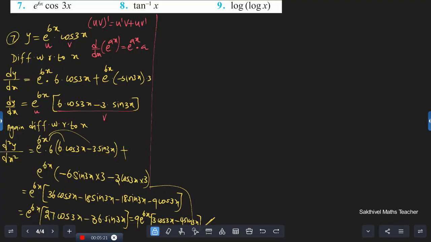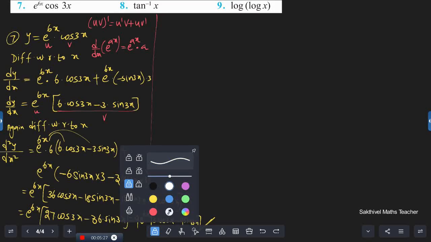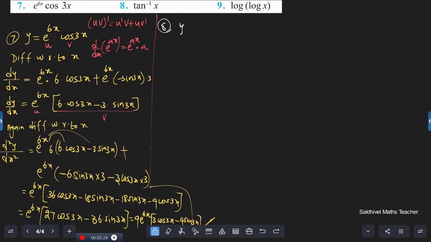For the next, the eighth one, we are moving on. The eighth one: y is equal to tan inverse x. You can differentiate tan inverse x directly, or else you can bring tan to the opposite side, that is also one of the ideas, but I am going to differentiate directly.